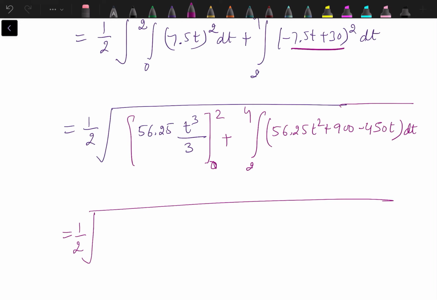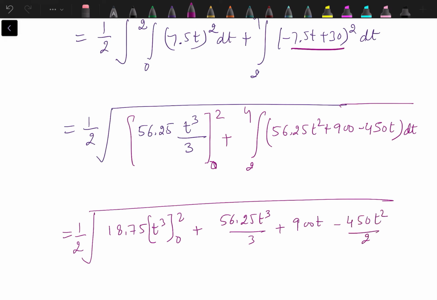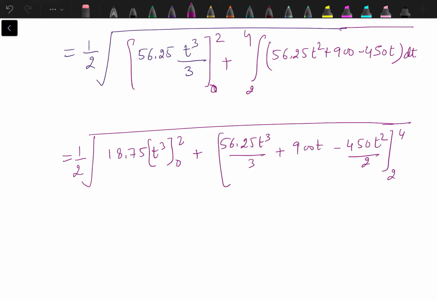This 56.25 by 3 is 18.75 t cube, 0 to 2, the integration limits, and the integration of this part, 56.25 t cube by 3, 900 t minus 450 t square by 2, with the limits from 2 to 4. Now when you substitute these limits and solve, you will get the value of I RMS as 8.66 ampere.